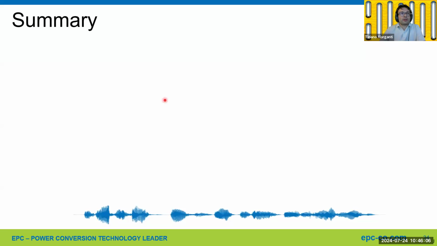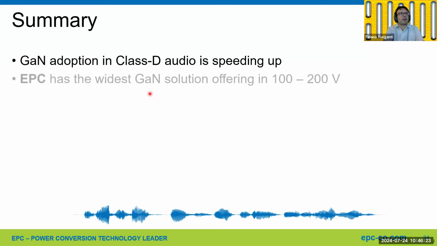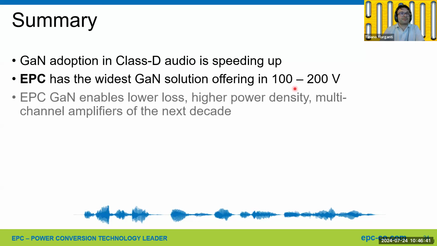Okay, so summarizing, we are seeing adoption in Class-D audio application of GaN, which is speeding up. So we have several customers working on a GaN solution. EPC has the widest offering in the 100 volt to 200 volt range, and we are seeing the EPC2307 is a very good solution for Class-D audio.